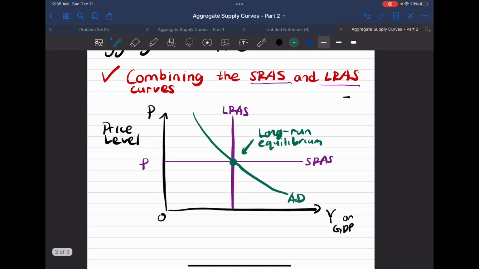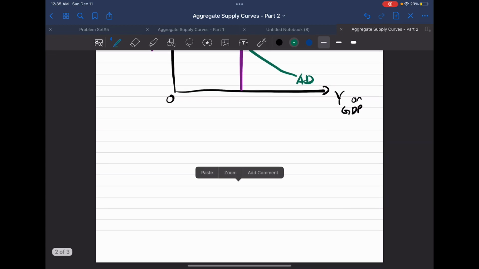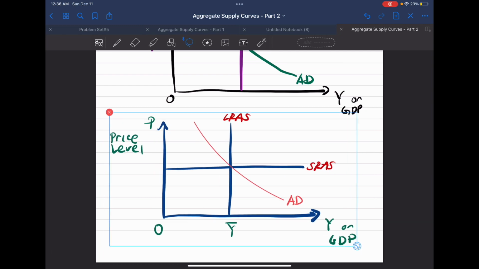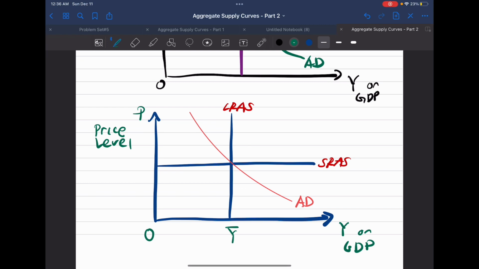And now let's run the scenarios on what will happen if there is a reduction in aggregate demand or an increase in aggregate demand. How does that play out in the economy? So now, this is our model, and if there is an increase in aggregate demand, what is the cause of the increase?